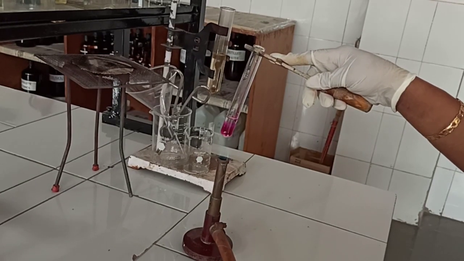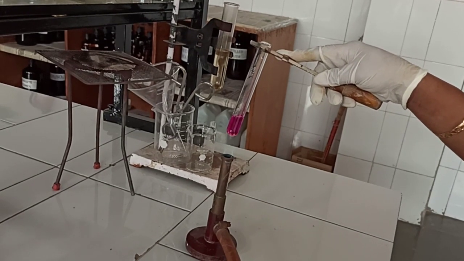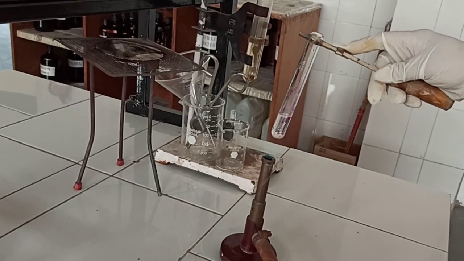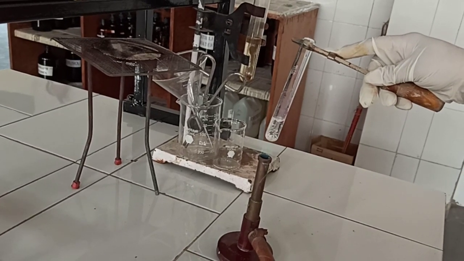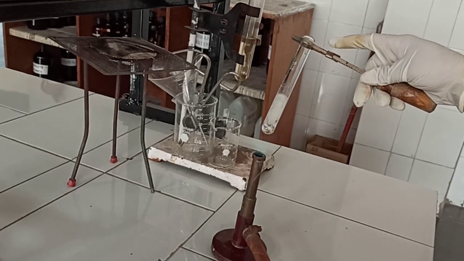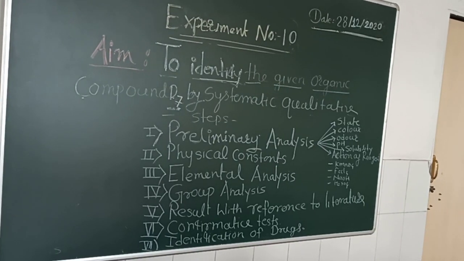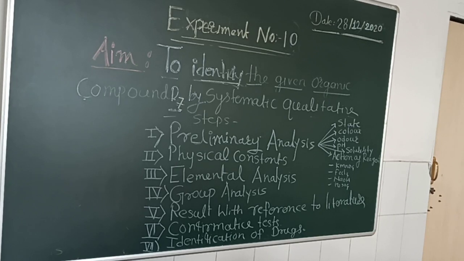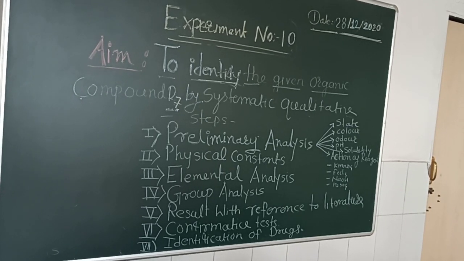Then heat. After heating, see the pink color disappears. That means the anhydride functional group is present. In group analysis, we detect that the anhydride functional group is present.